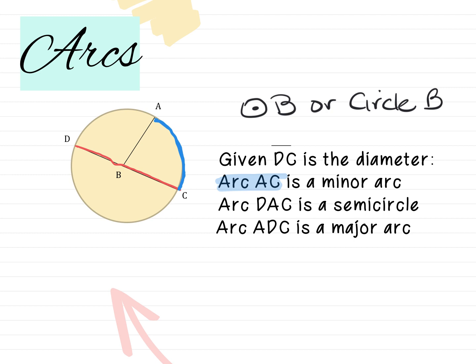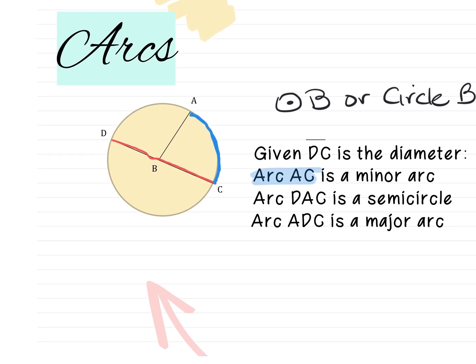When you are given an arc name like this that's got two letters, we're looking for the smaller piece of the circle. Because technically, you could also say, well, what if I went this way? This would be a major arc. So generally, when you see two letters, you're going the smaller way because they're referring to a minor arc, which is less than half of the circle.